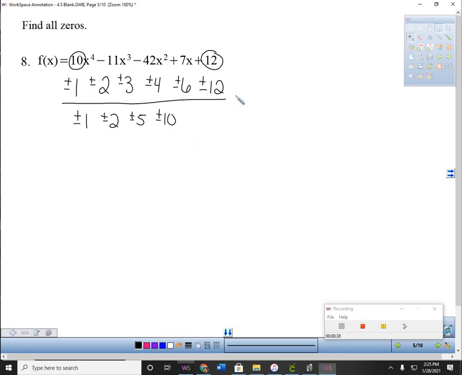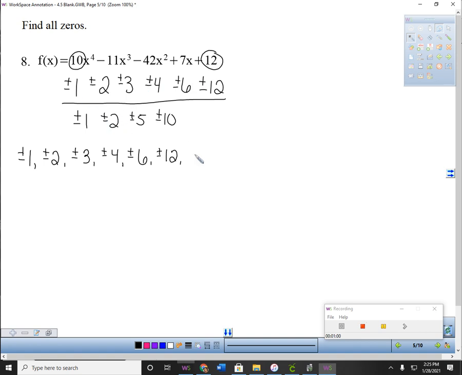So everything on top, if I take that and divide it by 1, I would just get everything that's on the top. Then I have to take everything on top and divide it by 2.